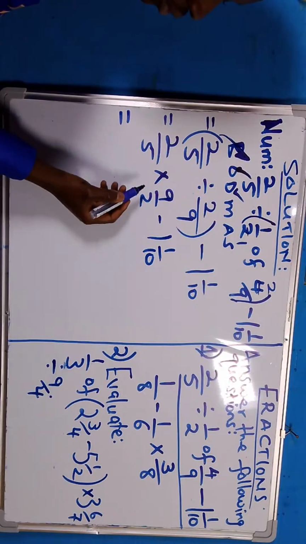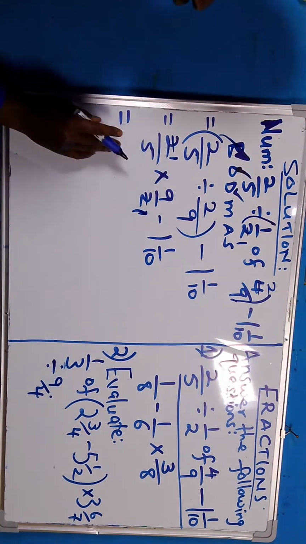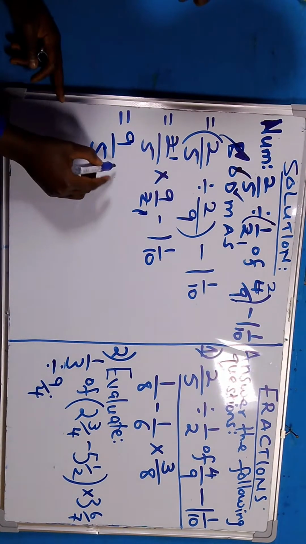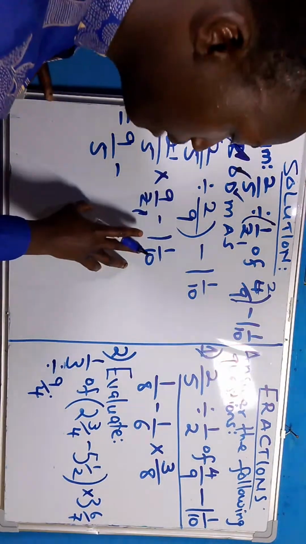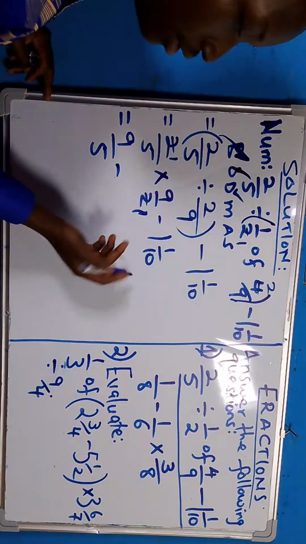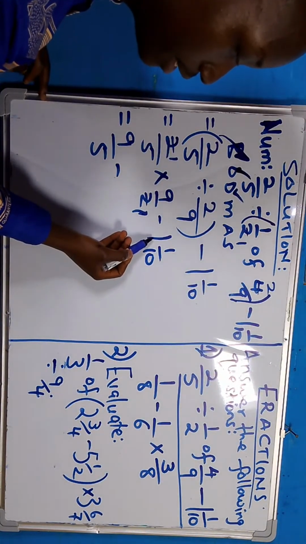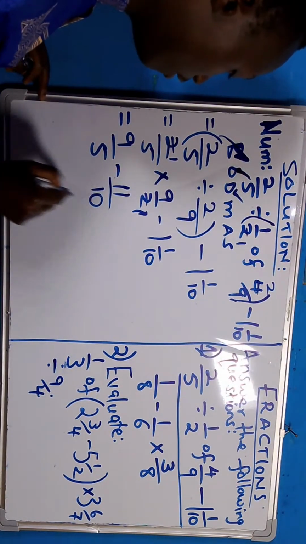The 2 can simplify with 2, 1 by 1, and we will get 1 times 9 is 9 over 5, minus 1 whole 1 over 10, which can be written as an improper fraction. For us to write it as an improper fraction, we take 10 times 1, which is 10. 10 plus 1 is equal to 11. So it will be 11 over 10.